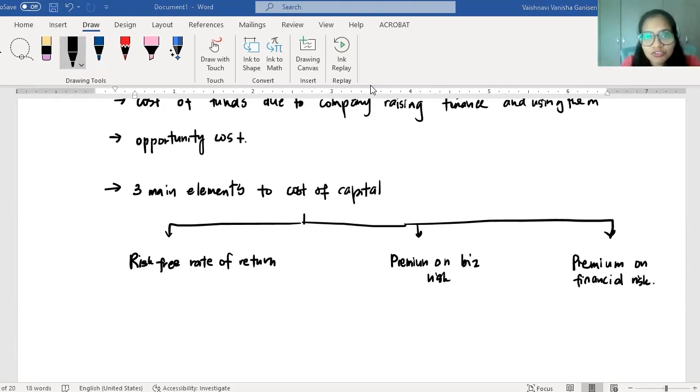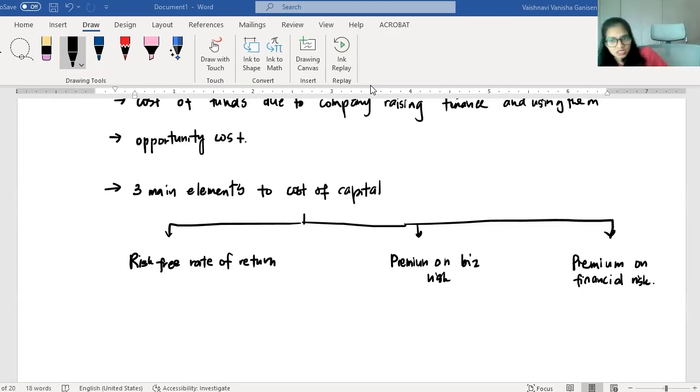So the three different types of return. So what is the risk-free rate of return? Guys, what it means is that the risk-free rate of return is the return that the investor will earn if they invest in an investment that is risk-free, that is not risky for the company.